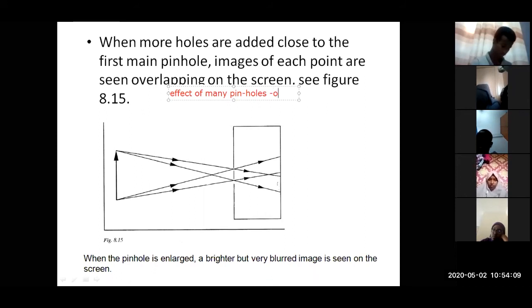So we have said overlapping images. These overlapping images are equivalent to a brighter image.